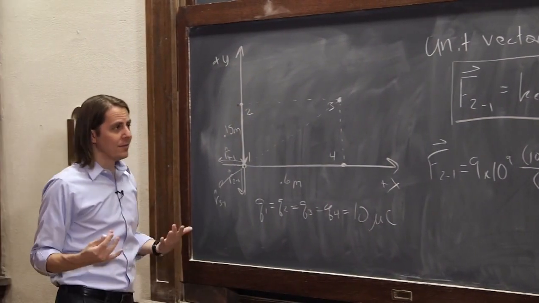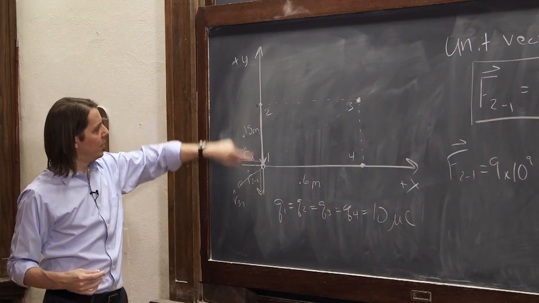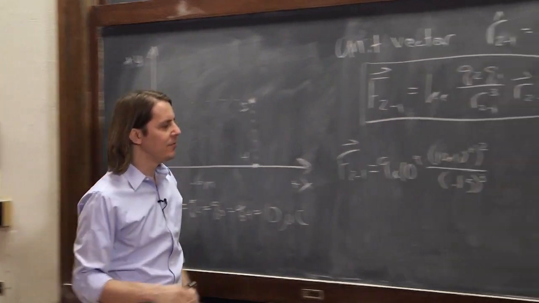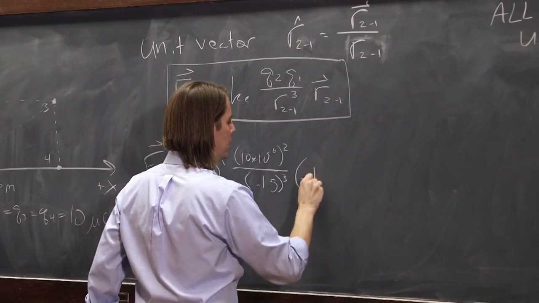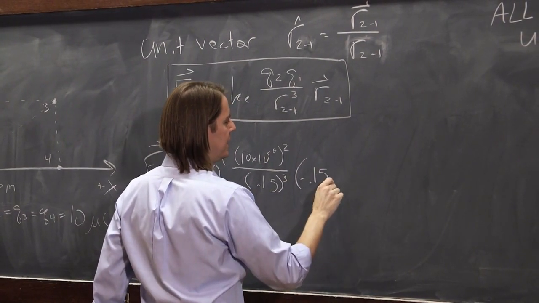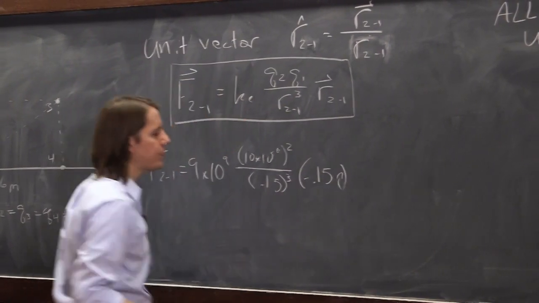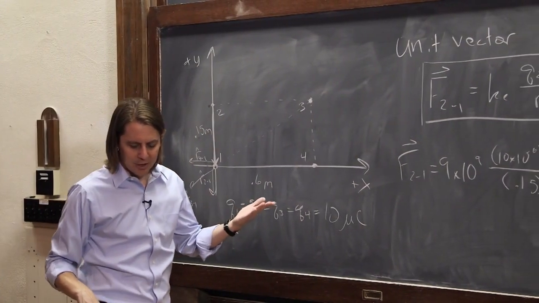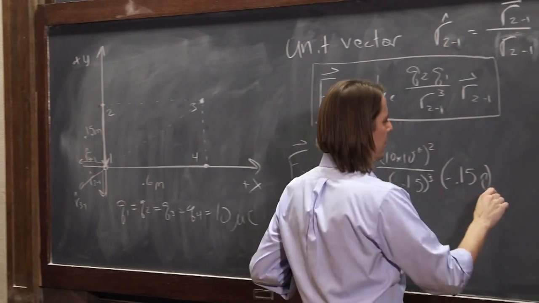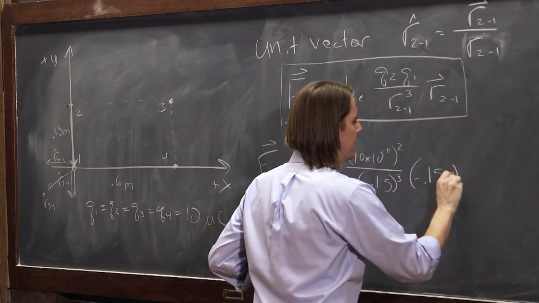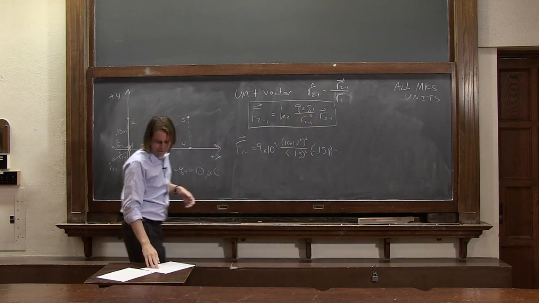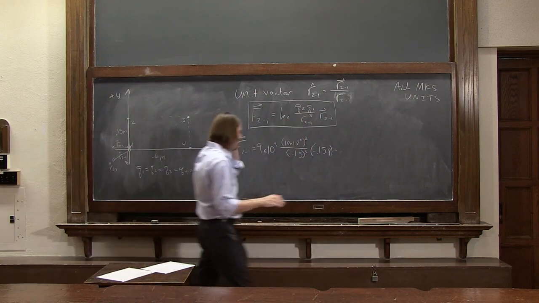And now we just write the vector r21. It's 0.15 and it's pointing down, so it's negative 0.15 in the j hat direction. If you multiply that out, you get minus 40 j hat.